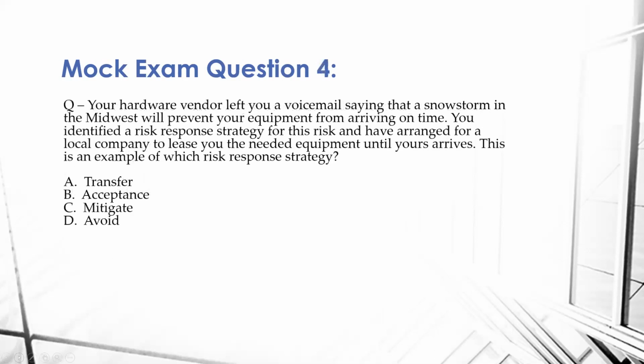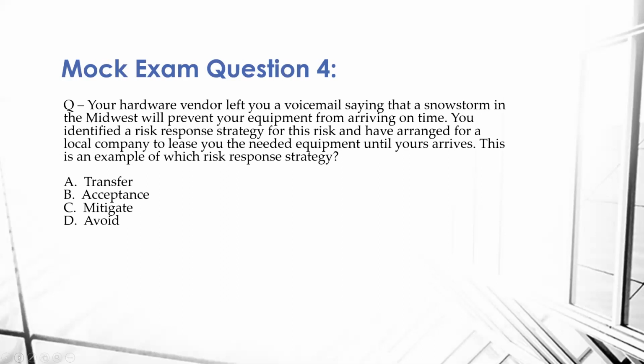Let's look at another example. Your hardware vendor left you a voicemail saying that the snowstorm in the Midwest will prevent your equipment from arriving on time. You identified a risk response strategy for this risk and have arranged for a local company to lease you the needed equipment until yours arrives. This is an example of which risk response strategy?